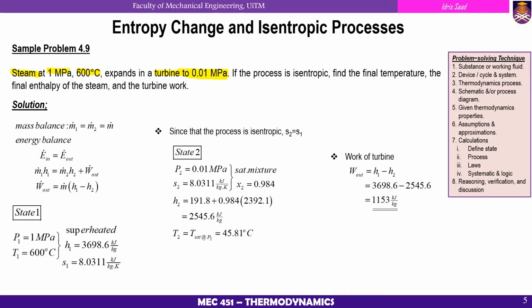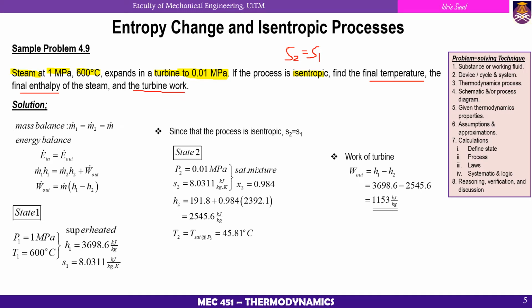If the process is isentropic, please remember that isentropic means S2 is equal to S1. Then the question asks us to find the temperature, the final enthalpy, and finally the turbine work.